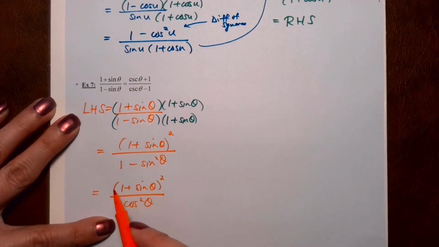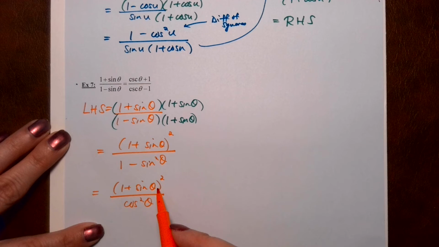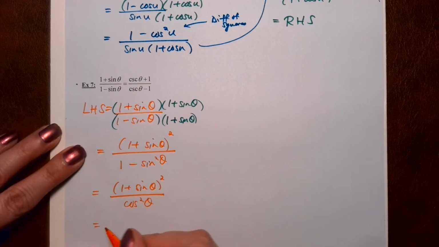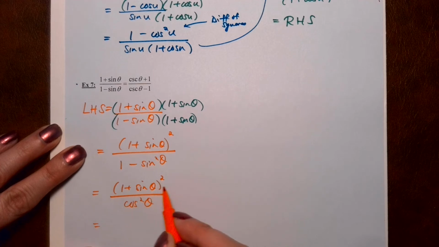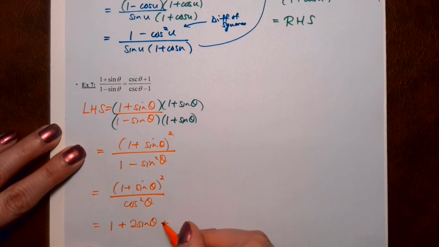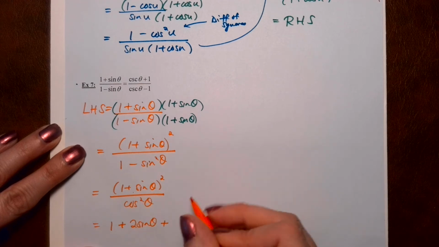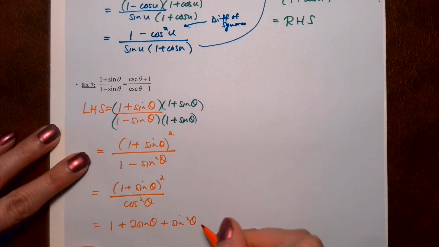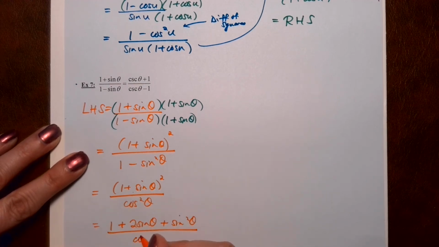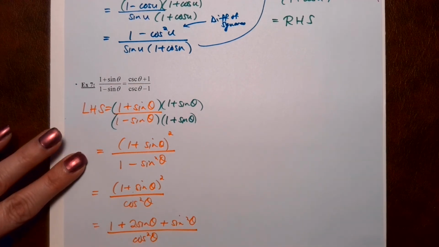So I think we are going to have to multiply this numerator out. We're going to have to make all the terms. Okay, so that's going to be the quantity squared: the firsts, and then the outers, and then inners combined, and then the lasts, divided by cosine squared of theta.